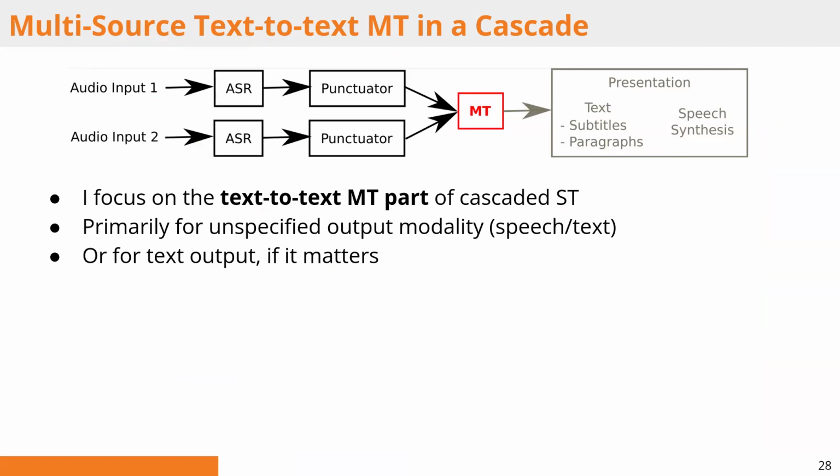And the cascade means that there are some underlying components: the speech recognition, called ASR on this slide, which transcribes the speech in the original language. And then there is another component that adds punctuation, the punctuator, and then another component based on the punctuation can segment the full sentences and then put them to machine translation, which is trained for full sentences and translates them.